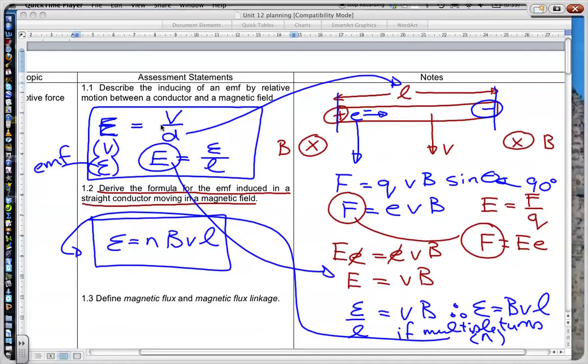And this is the formula for the electromotive force, the EMF, that is set up when you are moving a wire of this length with a certain velocity V through a magnetic field of strength B, and if N is the number of turns, the EMF is given by this value.